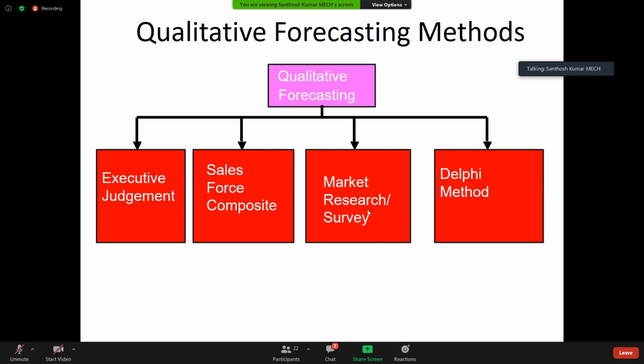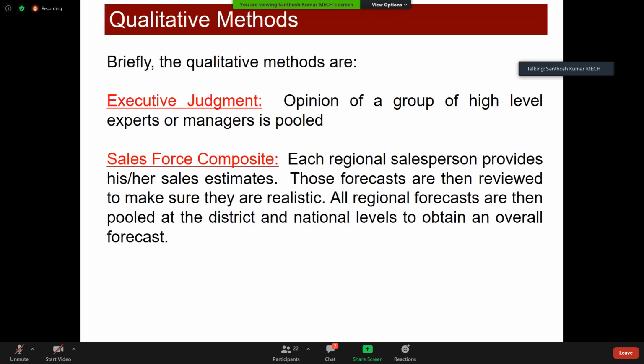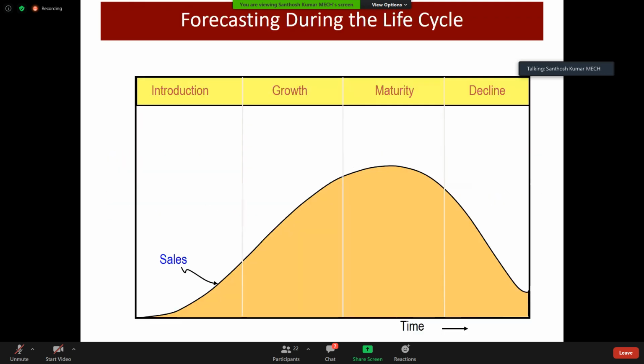Tomorrow we'll start quantitative, which will be mathematical solutions. I will try to use the board, or I will try to give it through a PPT. Is it okay? Any doubts?